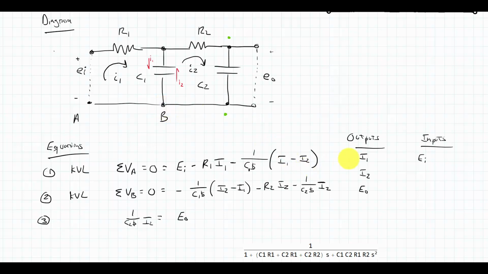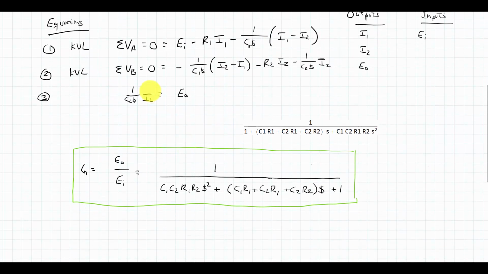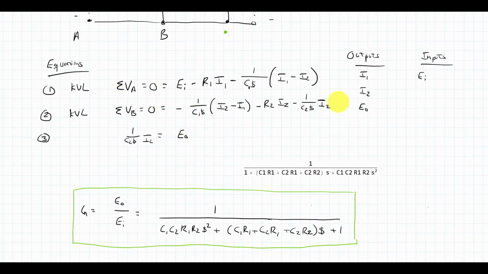Counting up my outputs at this time, E out did not appear yet. However, that is ultimately the output I need for my transfer function, so I needed a third equation to look at the voltage drop across the capacitor, which is E out. Used Mathematica to take these three equations to get three transfer functions, or effectively three transfer functions for I1, I2, and E out over EI, but only needed the E out one.